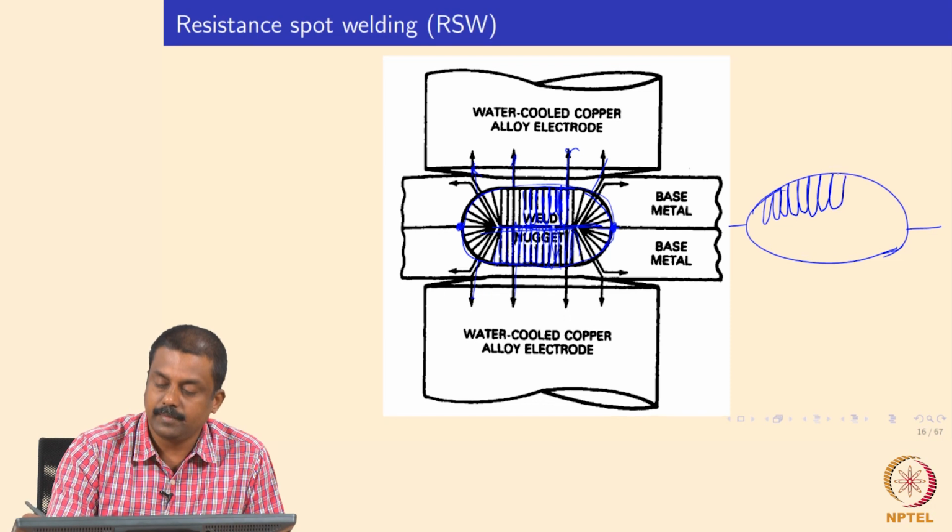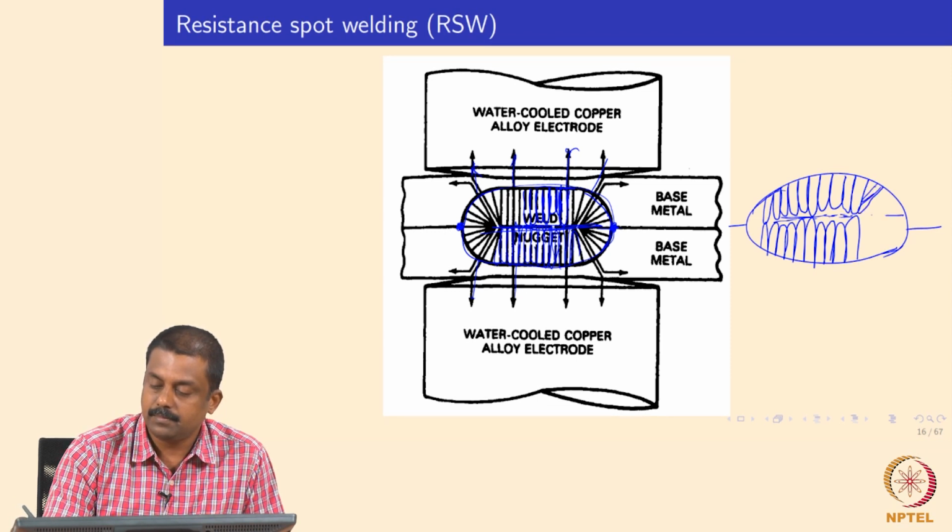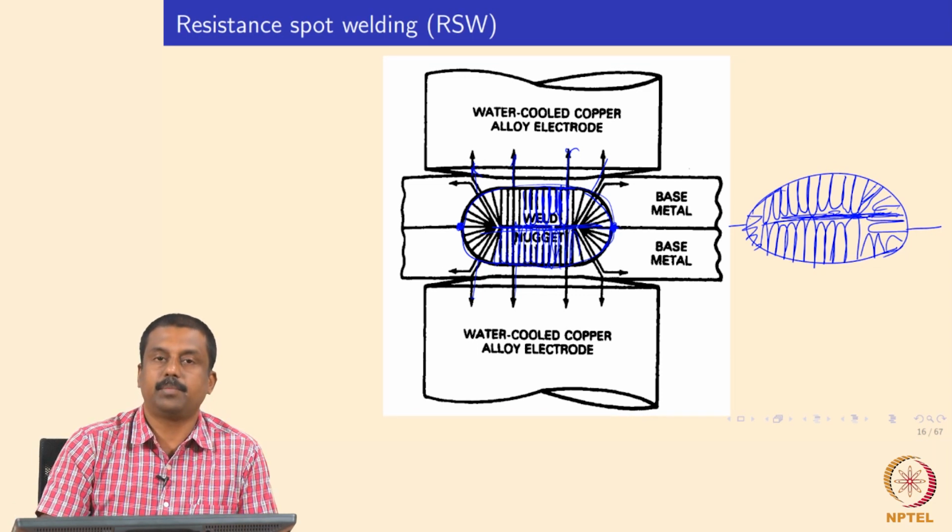During this process you also partition the alloying elements into the unsolidified liquid, thereby the liquid at the weld center line gets enriched in alloying elements. So, this is a typical solidification microstructure of the resistance spot welds.